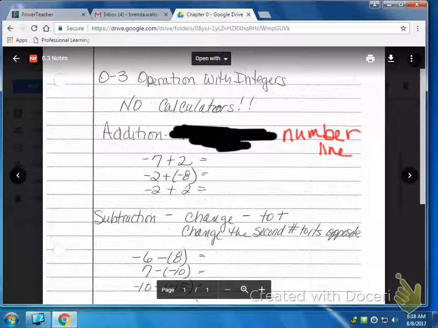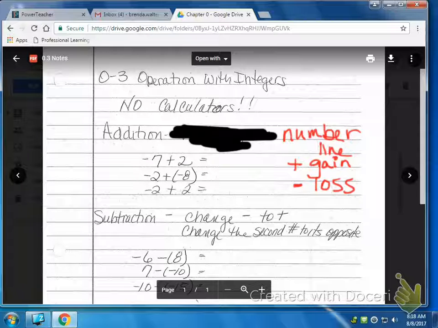Anytime you would see a plus, we're going to talk about gaining, and anytime you would see a minus, you would talk about a loss. When you gain, you go to the right on a number line, and when you lose, you go to the left because the left is where you're going into the negatives.